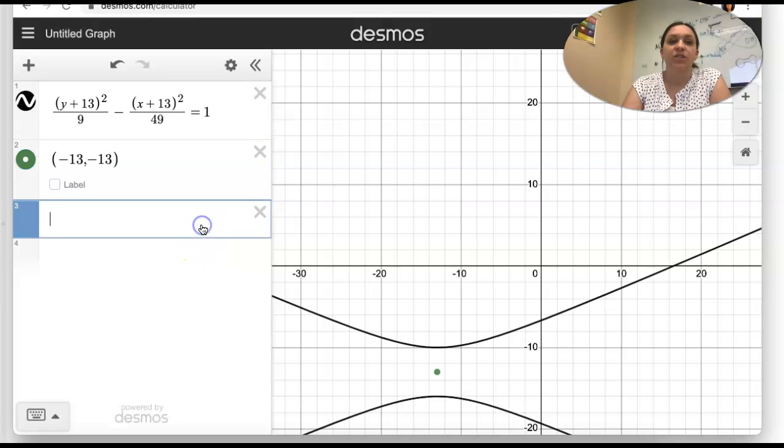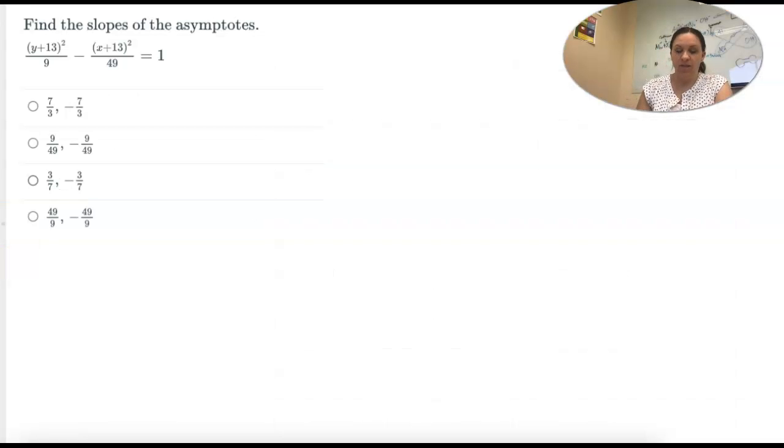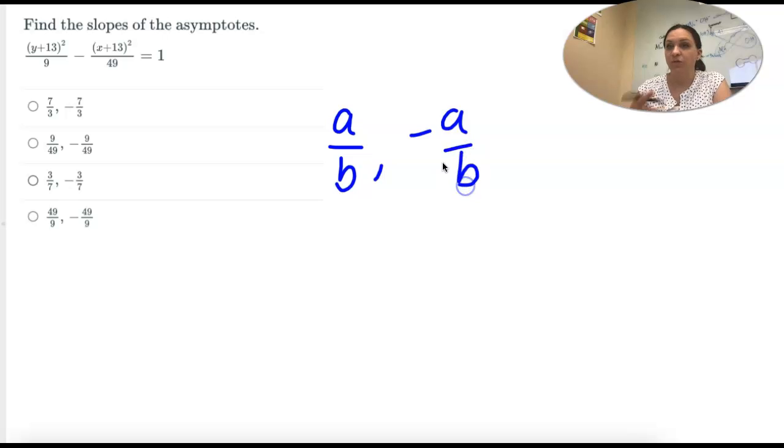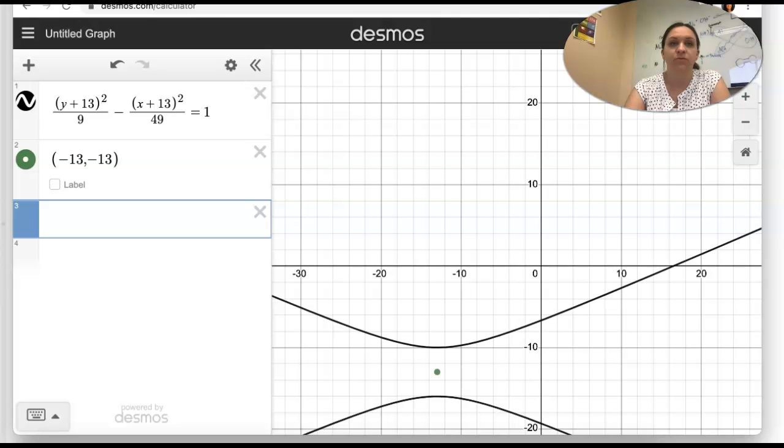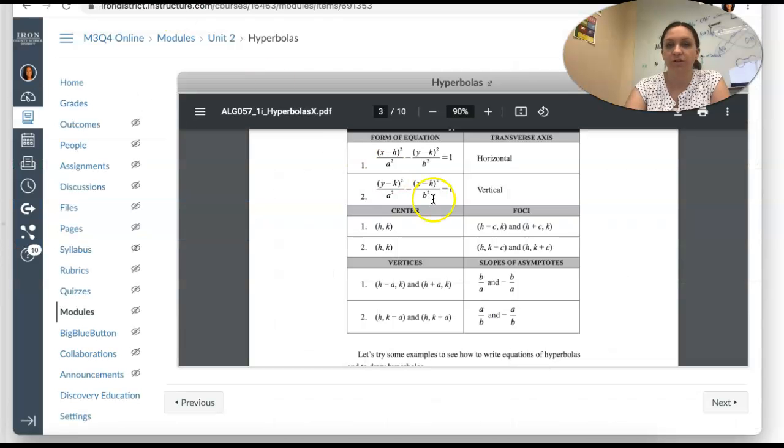Okay, so this is actually asking for what is the slope. So now that we're on the y-axis, it's a over b and negative a over b. They switch. Remember, always go back and look at your equations if you can't remember. A squared always comes first on a hyperbola.